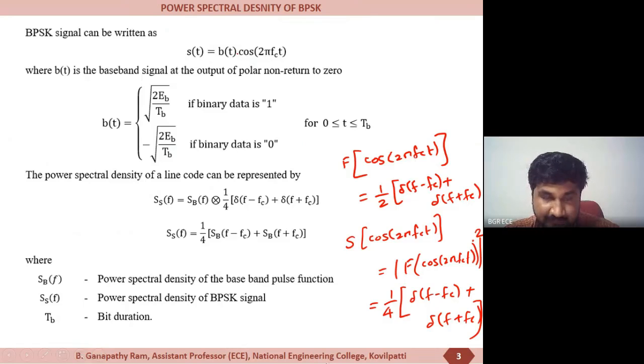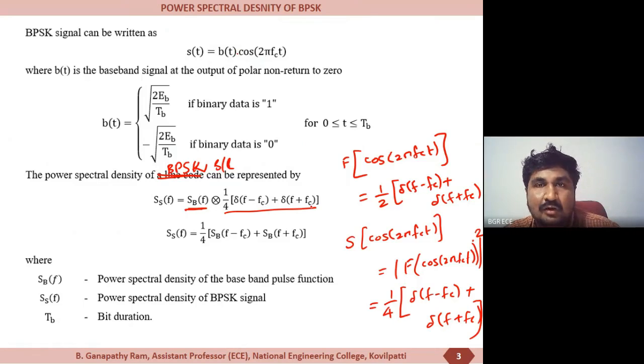Hence we can write the power spectral density of the BPSK signal as S of f, which is equal to the convolution of the power spectral density of the baseband pulse signal SB of f and the power spectral density of the cosine signal.